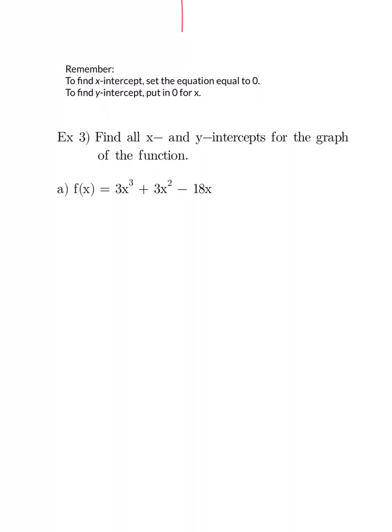So the first thing that we are going to do is find our x-intercepts by setting the equation equal to 0. I'm going to start by putting in 0 for y, or f of x, and then I want to take note that 3 and x divides each of those terms.